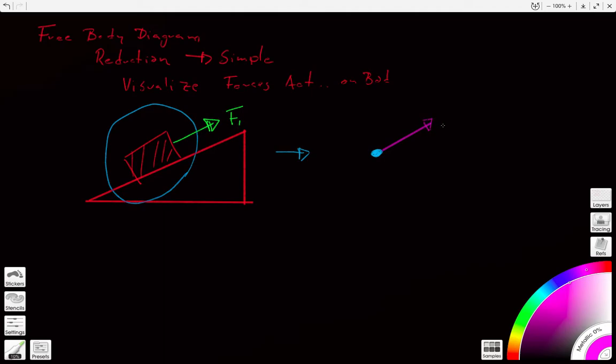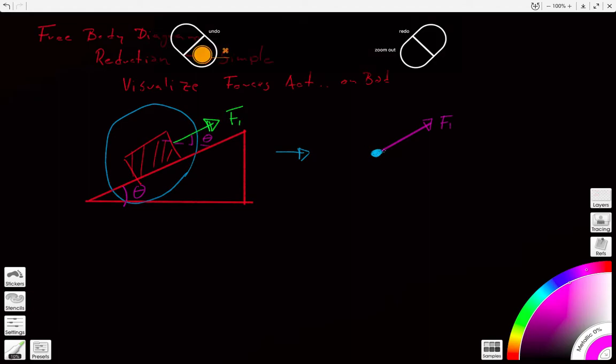Force 1 has this angle theta, which is exactly this angle, because the force runs parallel to this surface.